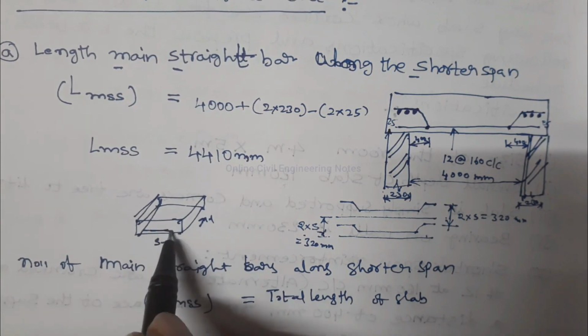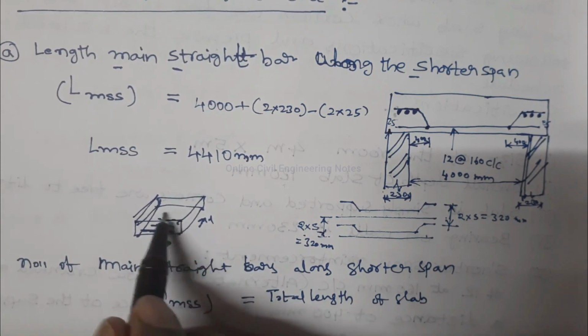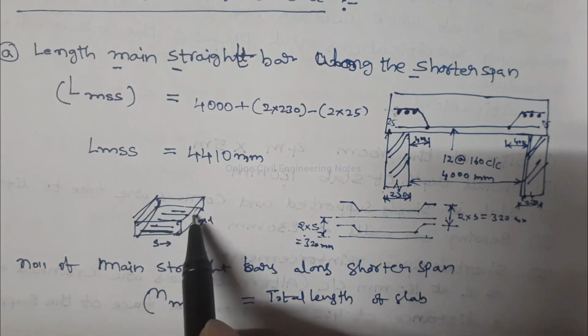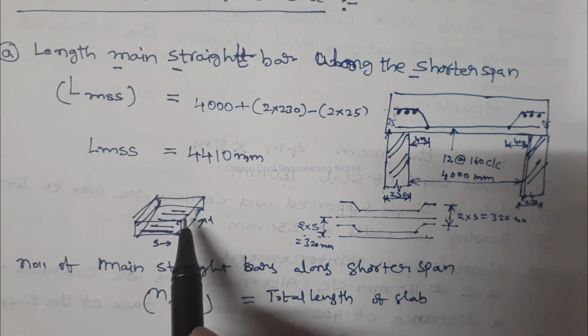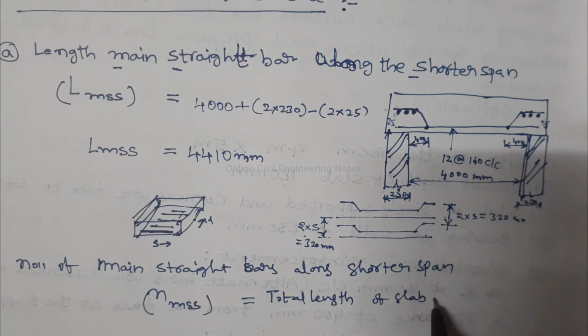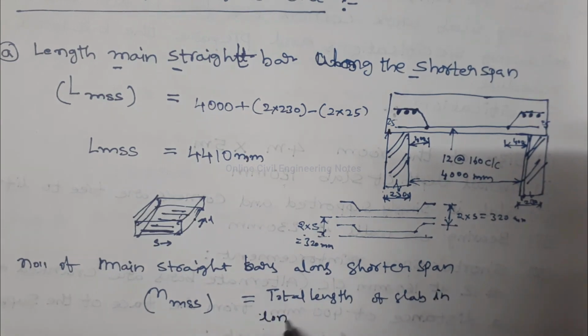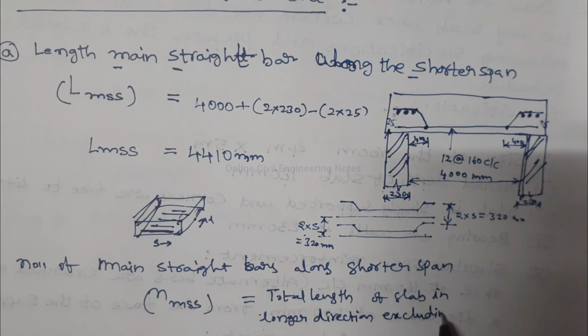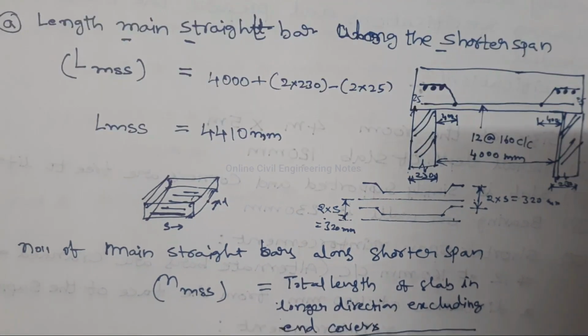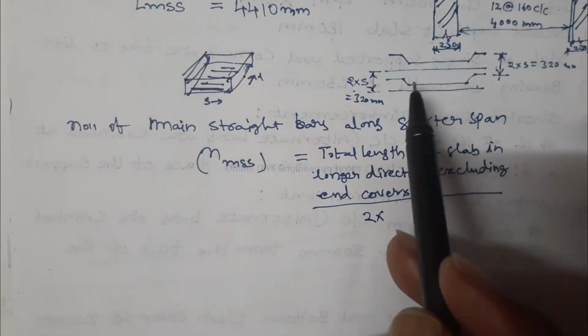We are providing this straight bar like this, so we have to get the length in the direction to get the number of bars. Total length of slab in longer direction excluding end covers divided by 2 into spacing.